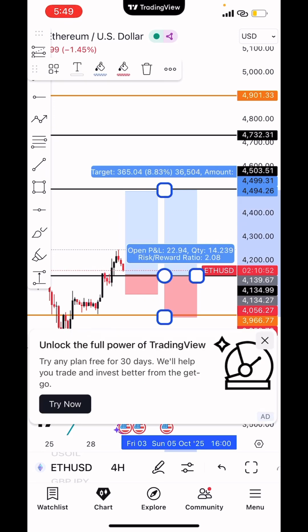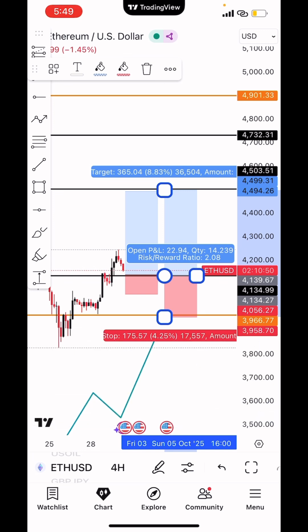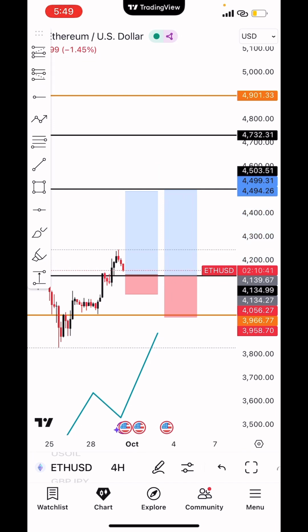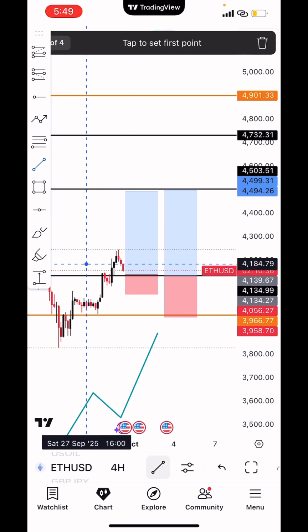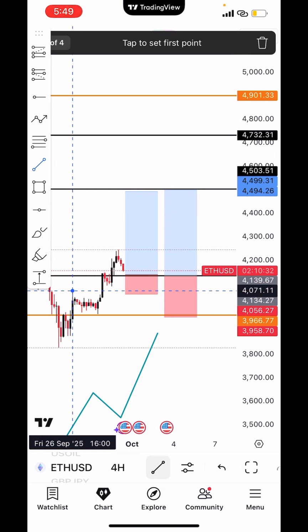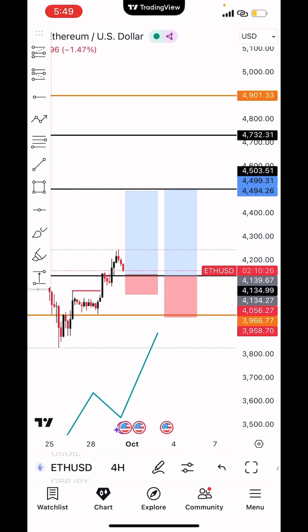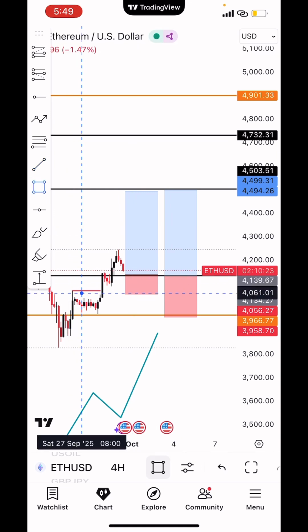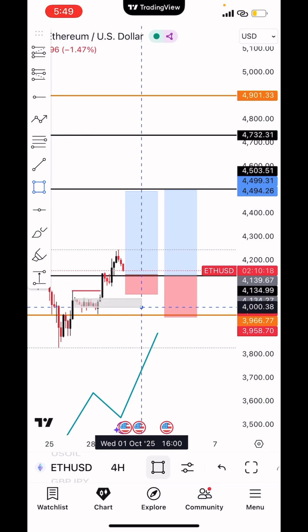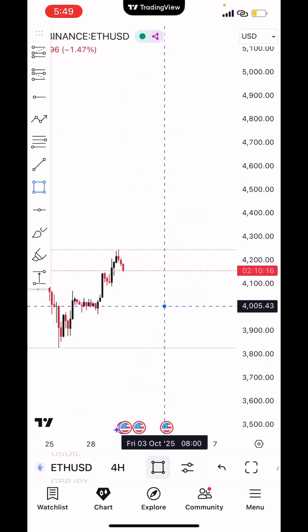The reason is very simple: it will give us 1:2 risk reward. After this break of structure here, we can see the demand here, which can also serve as order block.